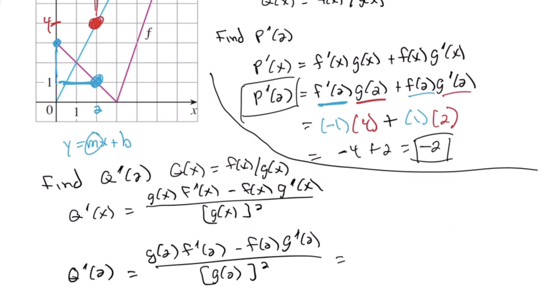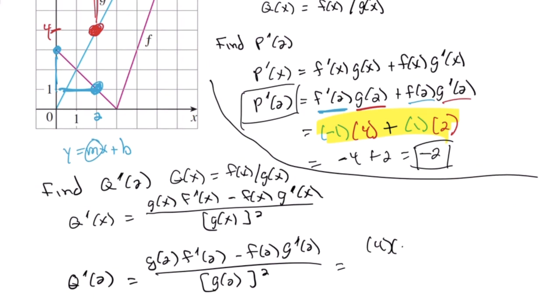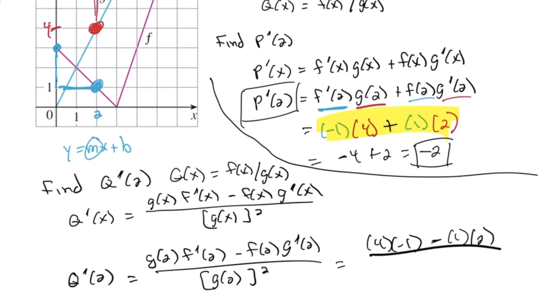So g at 2 I know is 4 from up above. I'm looking up here at the values I had already calculated. G at 2 was 4, f prime at 2 we found to be -1, f at 2 we found to be 1, and g prime at 2 we found to be 2, all divided by g at 2 squared, so that's 4 squared.